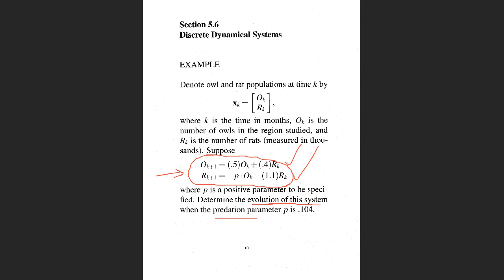All right, now we want to determine the evolution of the system. So how are we going to determine the evolution of the system? What do we need to find, class?